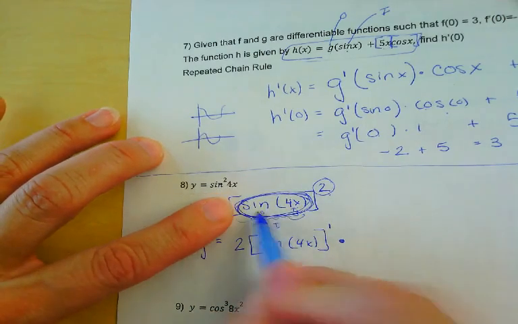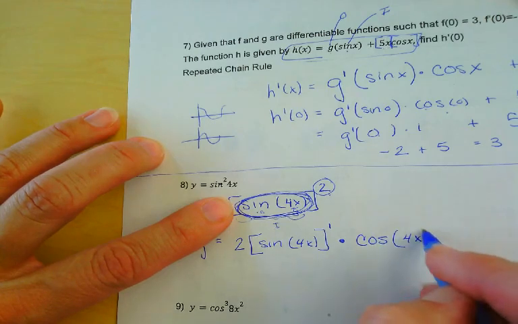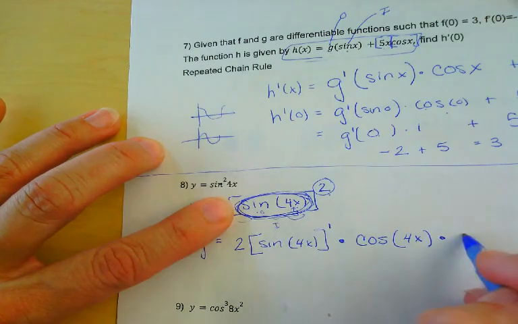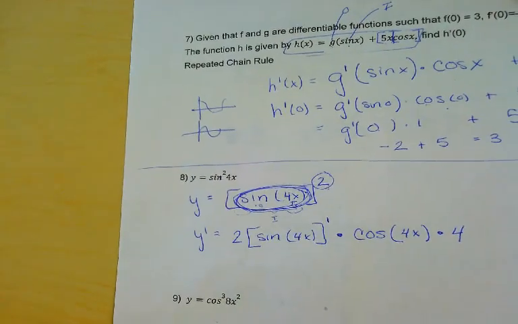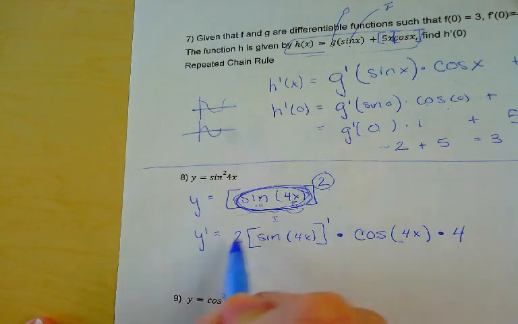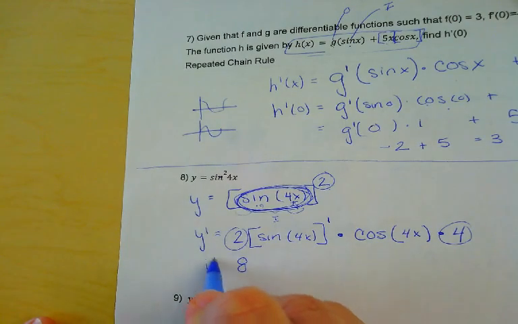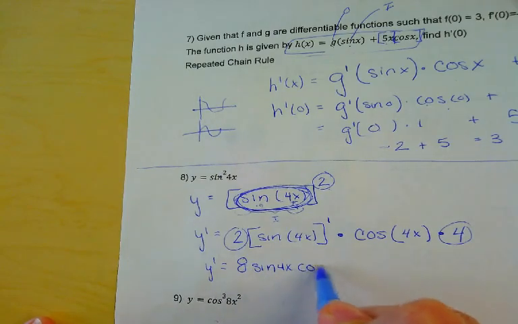So inside, outside, the derivative of sine is cosine, keep its inside, then times the derivative of that inside, which is 4. And then I'm just going to multiply any coefficients together, such as the 4 and the 2, so I'm going to call that 8 sine of 4x, cos of 4x.